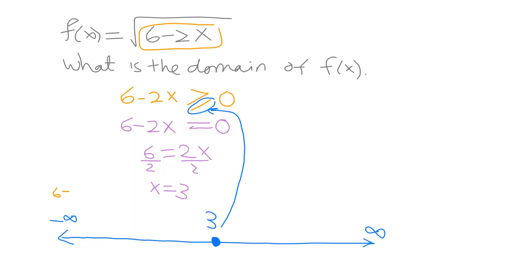6 minus 2x greater than or equal to 0, to see which set. Nasser, the radical is already there, it's in the question. This is an example.